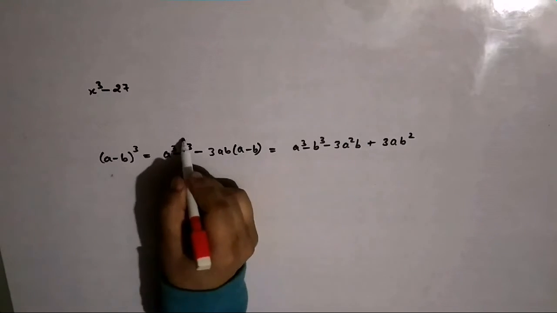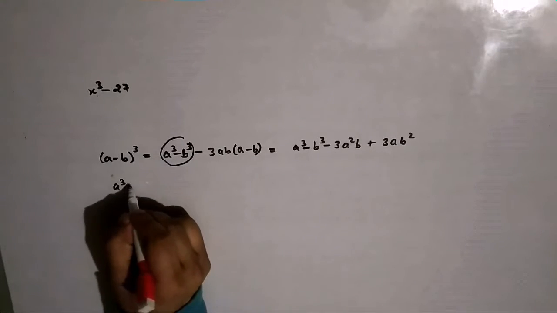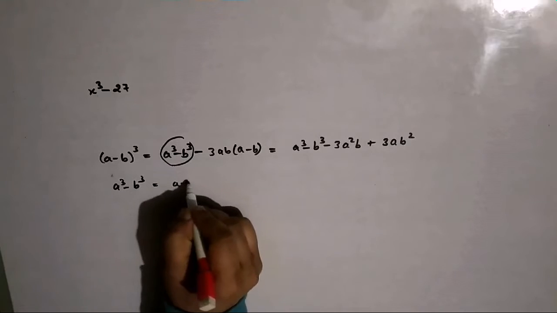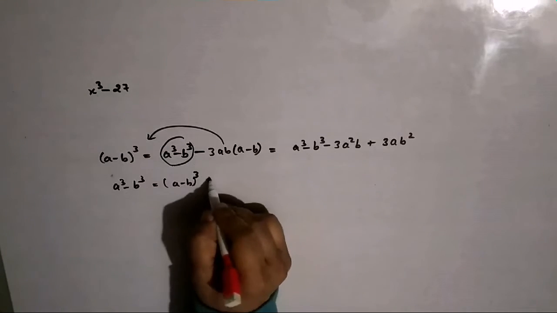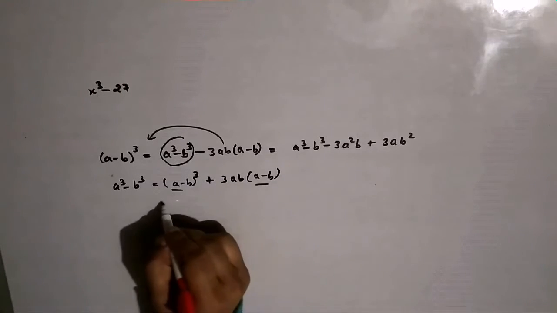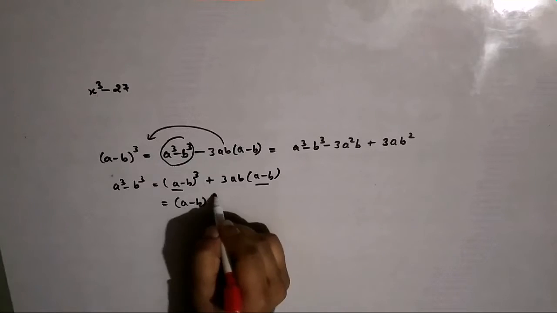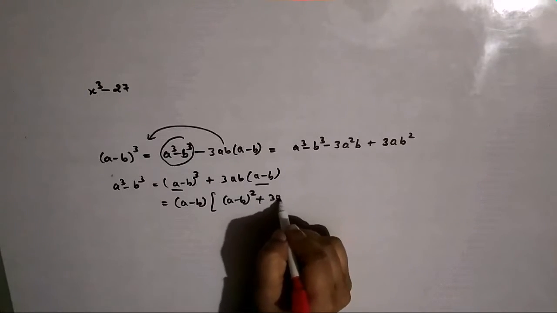But we are interested in this, so you can take this common. So a cube minus b cube would be (a minus b) whole cube plus 3ab(a minus b). Now a minus b can be taken as common, so that would be (a minus b) whole square plus 3ab.